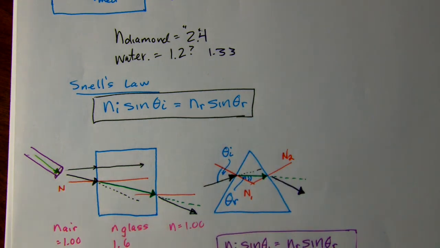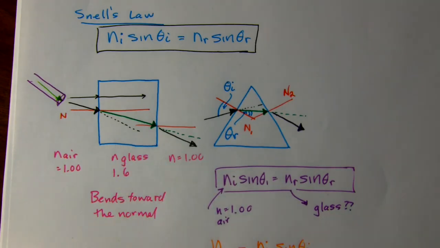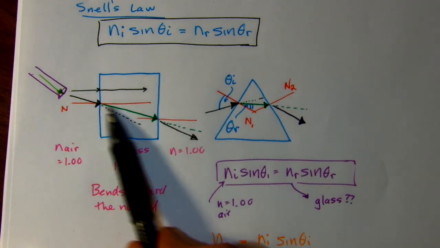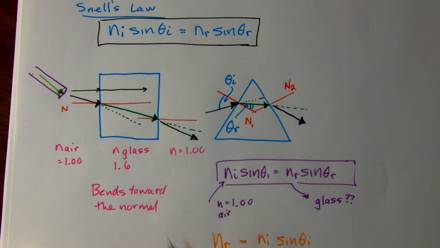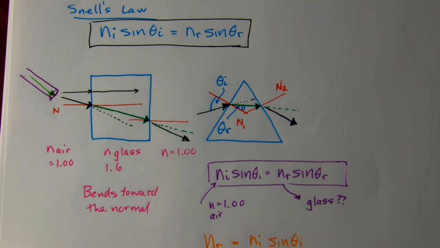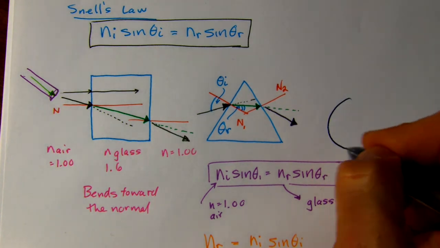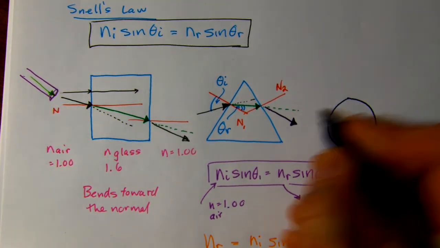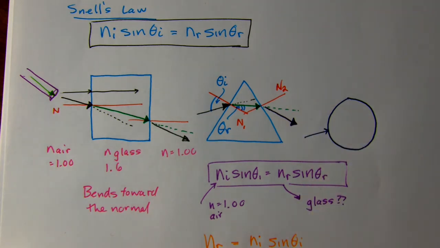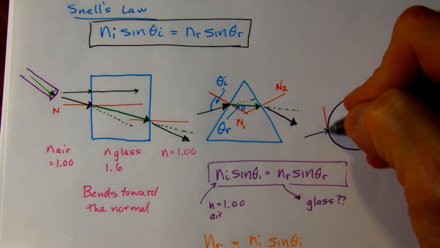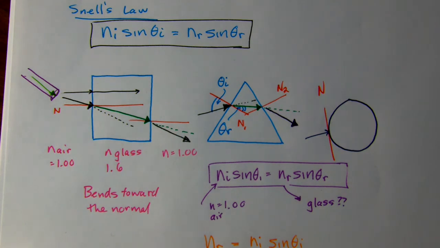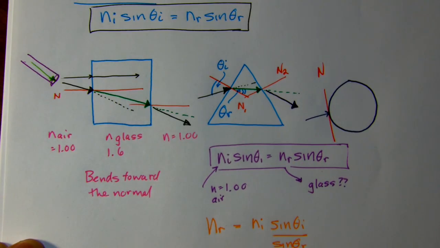Okay, so we did a couple problems here, and this is an example with glass, just to show you the general idea that light changes its direction. Okay, even works with odd shapes, and we could have done this with circles. But with a circle you would draw a tangent as the normal. So if light comes in here, right, you just have to draw a tangent, and that serves as your normal. So that's not going to throw anybody off.